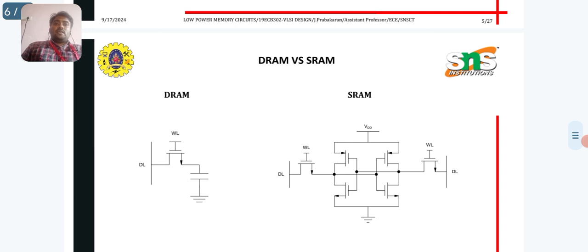Whereas a DRAM cell consists of a single transistor and a capacitor. The capacitor stores the data while the transistor acts as a switch. Since the charge on the capacitor leaks over time, DRAM requires periodic refresh cycles to retain the data.